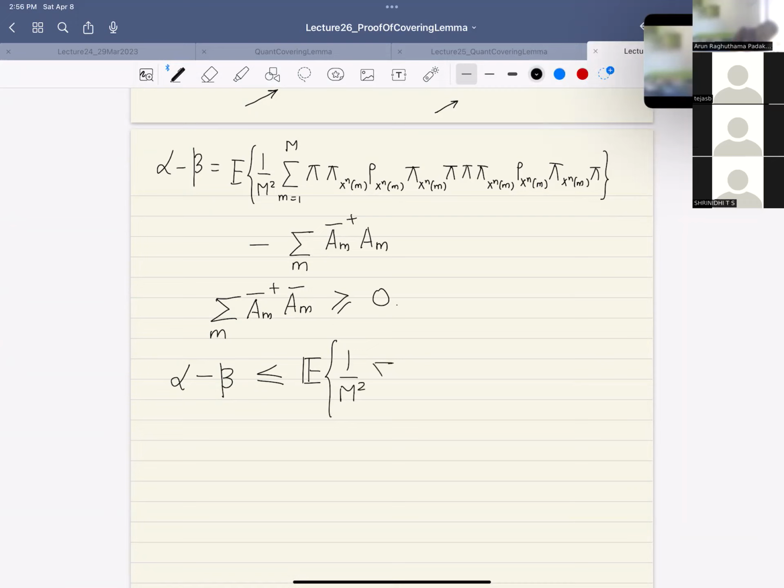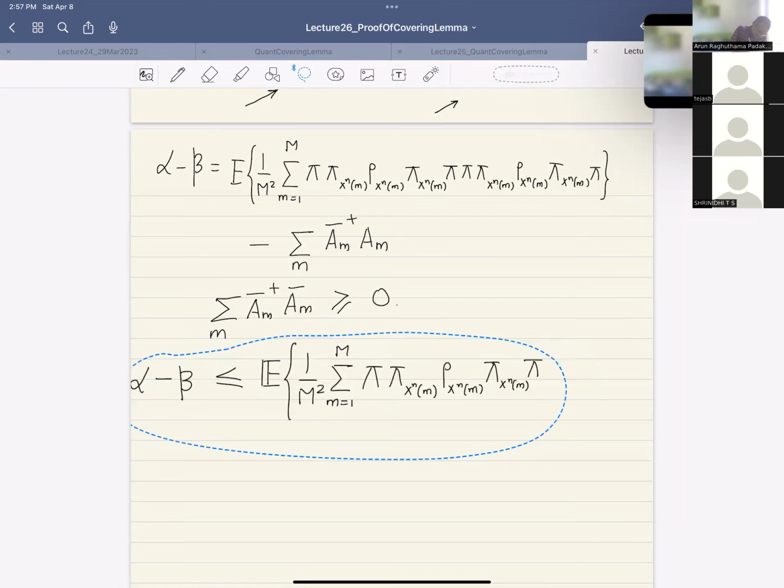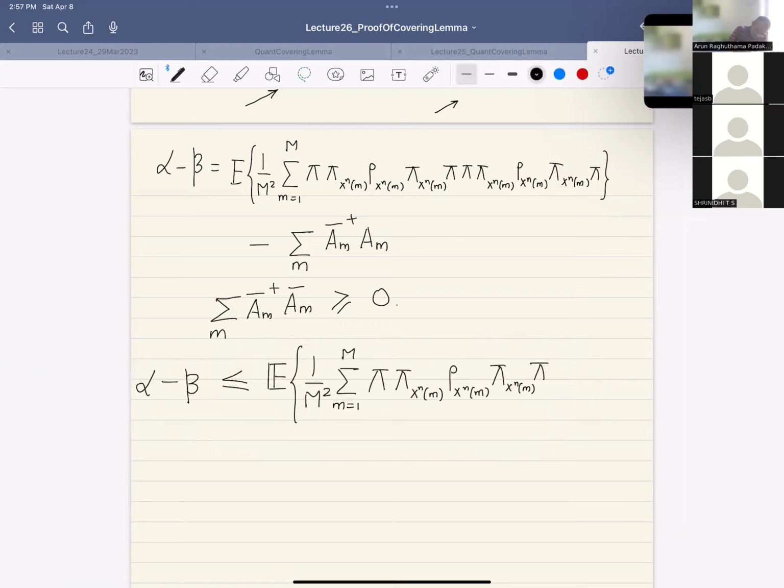This is the important term, and I'll write it a little bit neatly. Pi xn of M, rho xn of M, pi xn of M, pi.